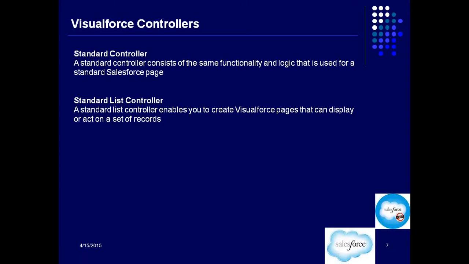But functionality-wise it is the same standard functionality, so you are again restricted. You cannot put in your own logic. It is easy to use, but with limited options. So that's it.